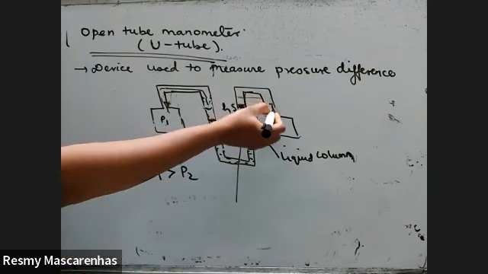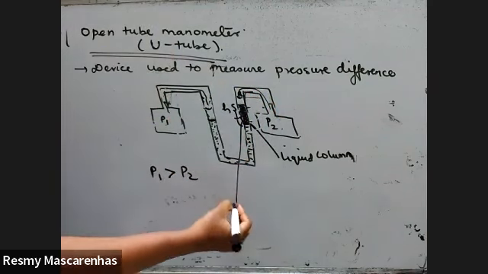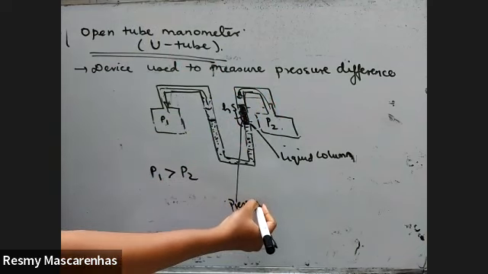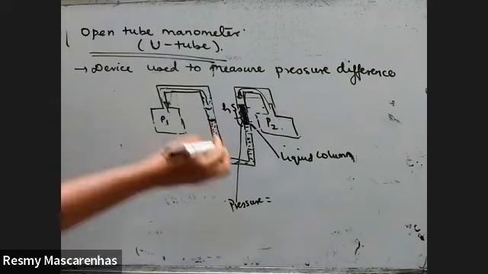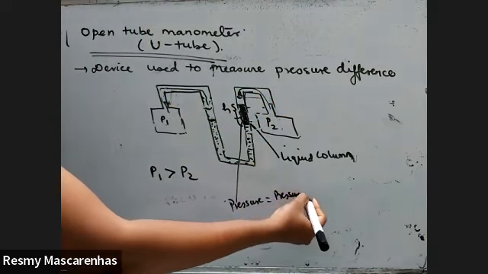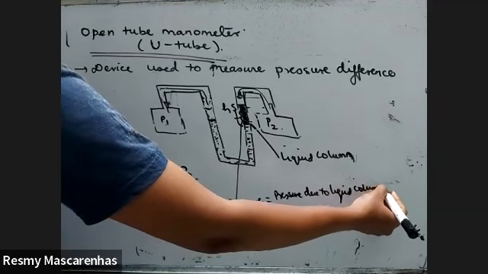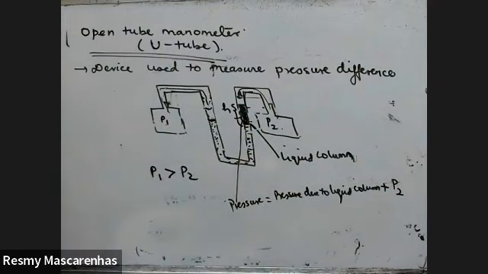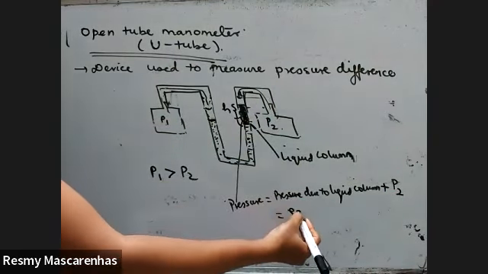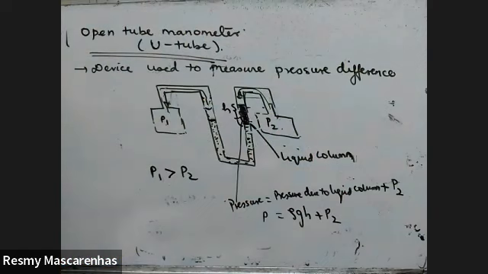One is coming from this side, P2, and one is from the liquid column. So the total pressure will be equal to the pressure due to the liquid column, rho gh, plus P2, and that is P1.